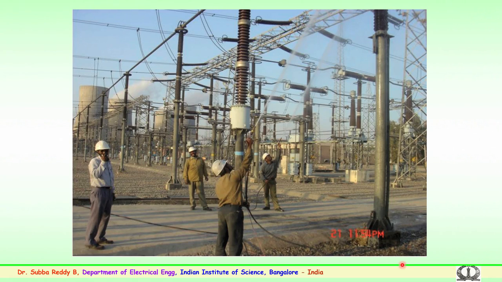We will focus on the importance of the methods and the procedures which are to be employed both during live line or hotline washing, that is, during the energized conditions, and during the de-energized conditions, when the power supply is switched off for the maintenance aspects.